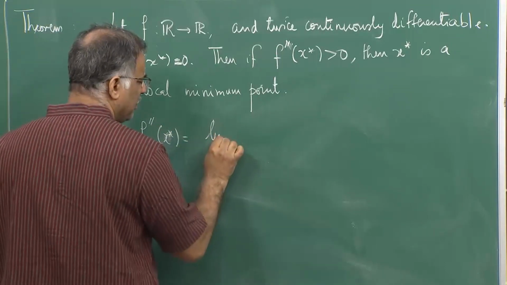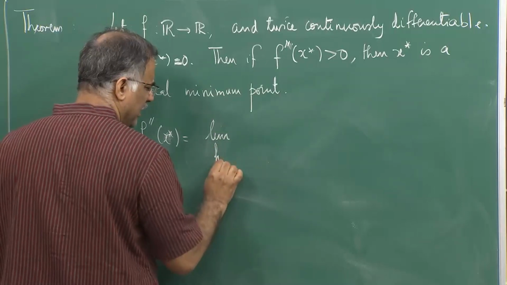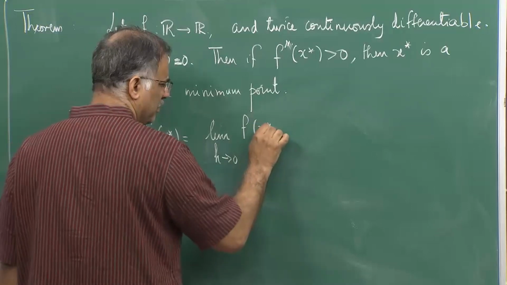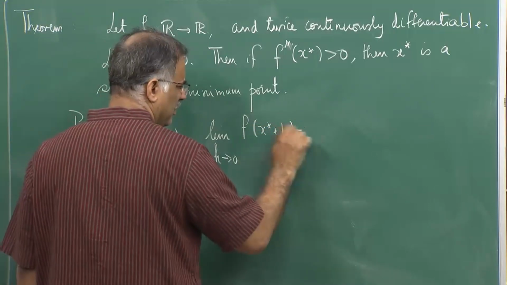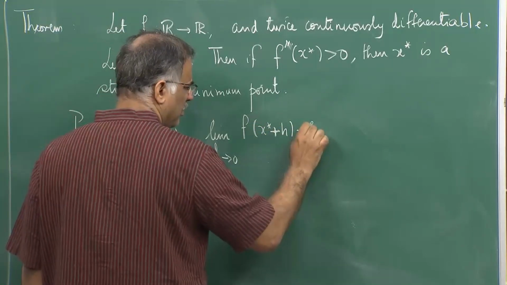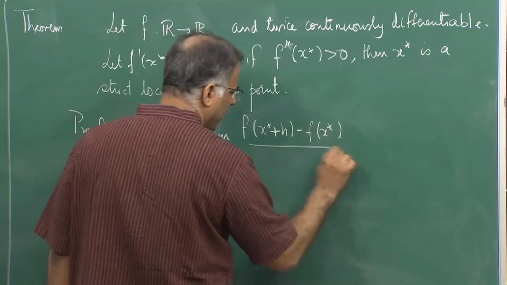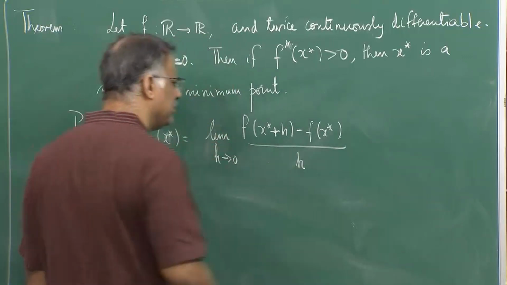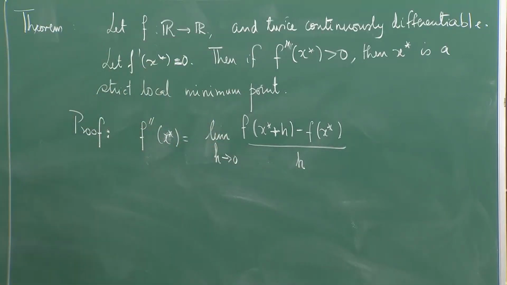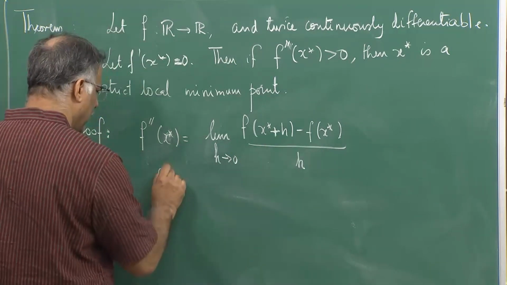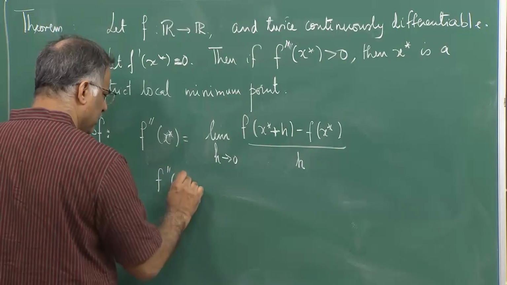So, that is limit of h tends to 0, f dash of x star plus h minus f dash of x star by h. Now, f dash of x star is equal to 0, and f double dash x star is greater than 0.